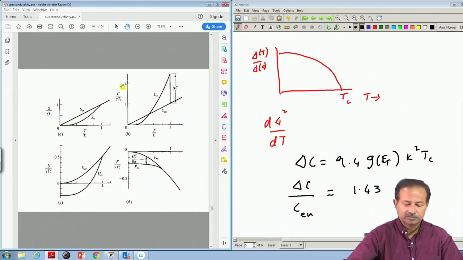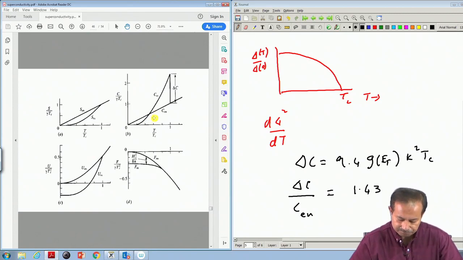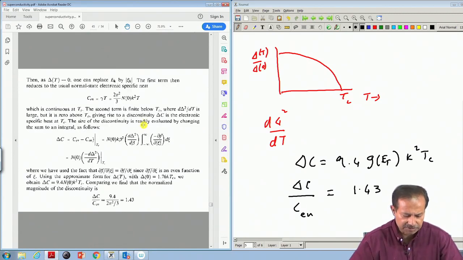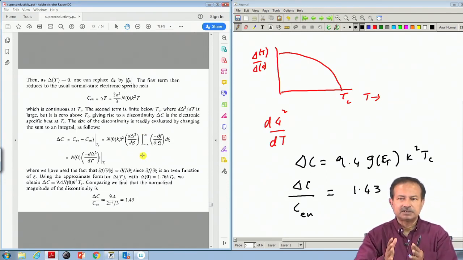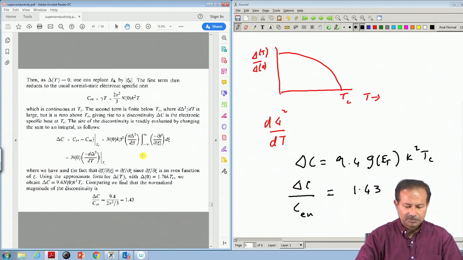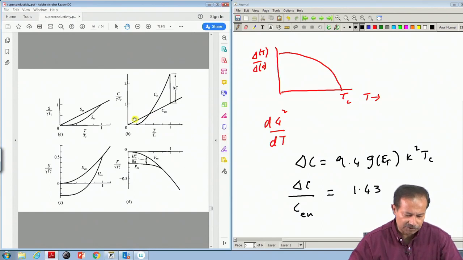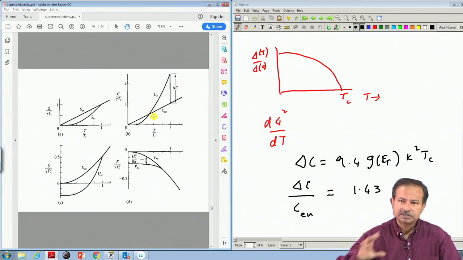So, that is not a problem. Specific heat has this exponential behavior below this, as I said, because there is a gap, so it comes down below the normal state as a function of temperature, and that had to happen because there is a gap in the spectrum.